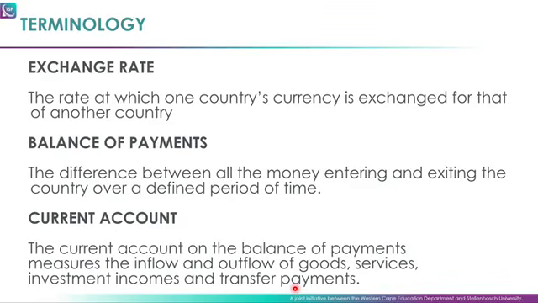A donation would be a transfer payment. If your aunt from America sends you some dollars for your birthday, that would be part of transfer payments. If you're sending money to somebody outside of the country, that would be a transfer payment as well.